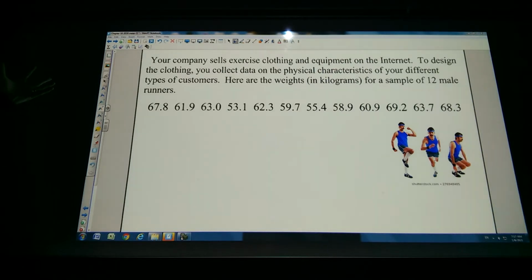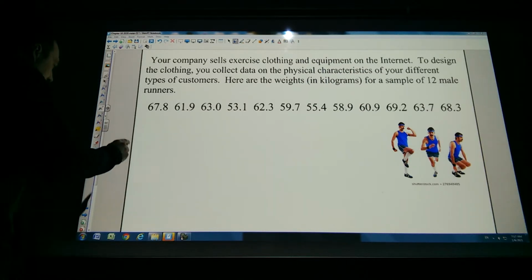I'm sure there's a lot of runners out there, so there's no way we're going to get all the runners onto a scale and figure out the exact average. So we decide, let's just take 12 of them and see if we can figure out what the average is, at least close to, by only taking 12.